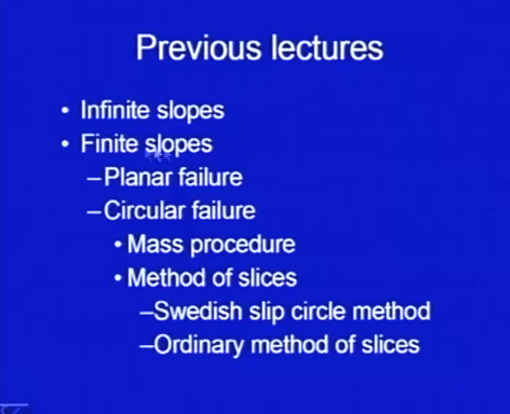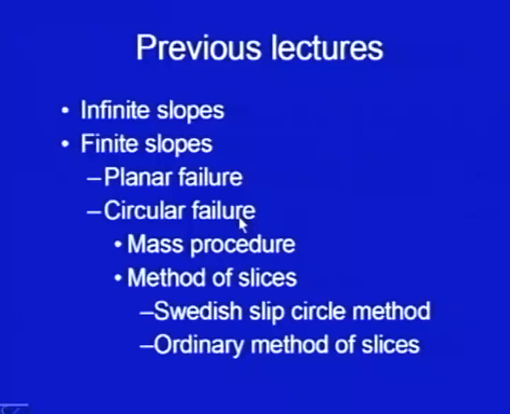In our previous lectures we discussed the infinite slopes, then we started discussing the finite slopes. Here we have already covered the cases where planar failure surface was possible, and then we started discussing the circular failure surfaces.